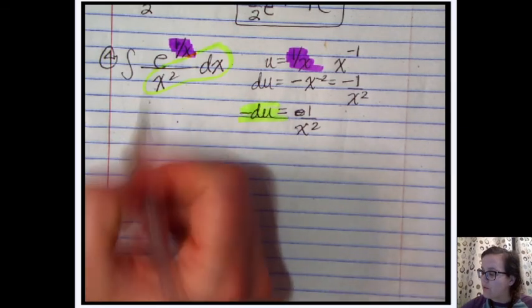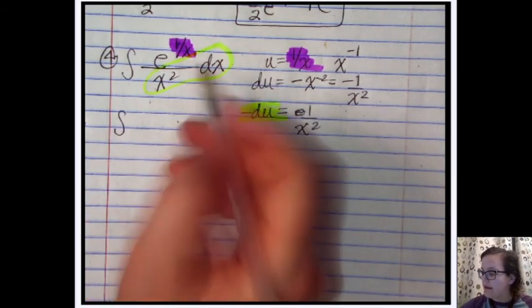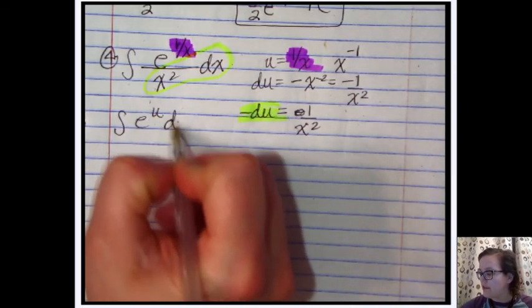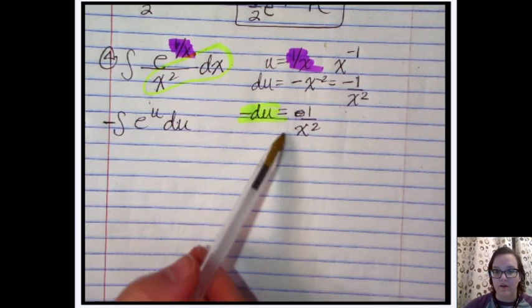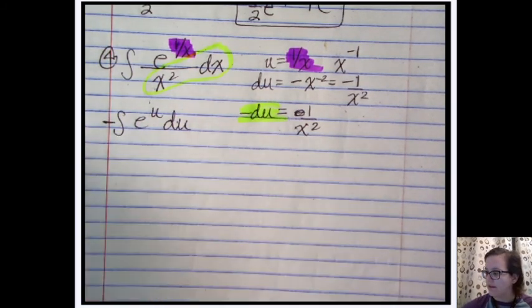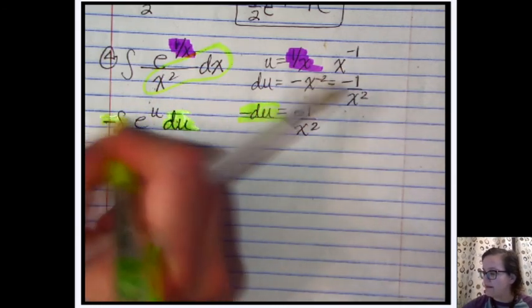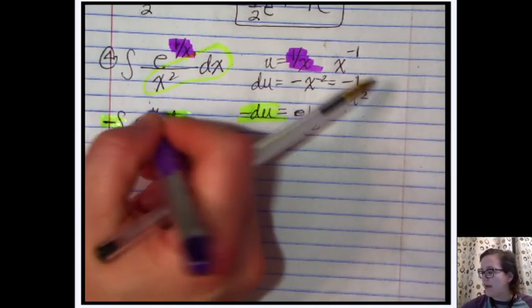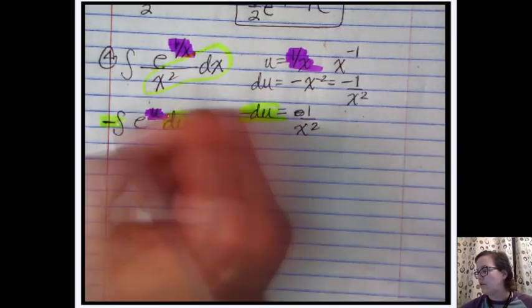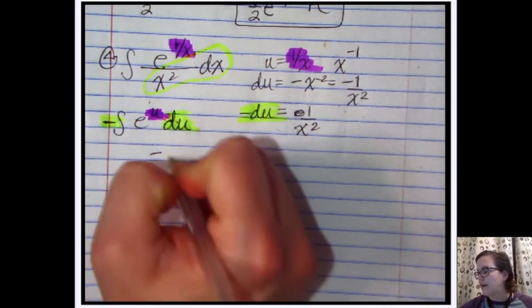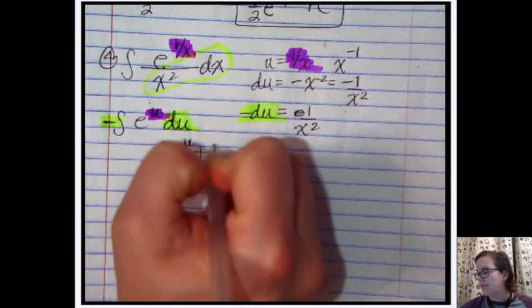And so we can replace, and this is e to the u du, but a negative on the outside. That's what happened here. We replaced. And once we have e to the u du, the integral of that, we've learned, is just e to the u plus c.